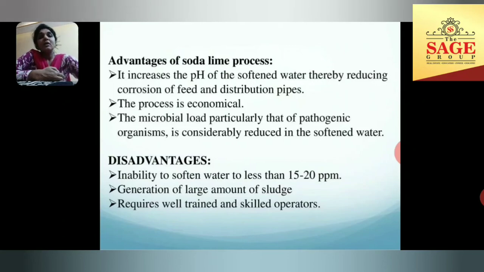Now the second disadvantage of this process is that it generates a large amount of sludge. What is sludge? The precipitates that are settling down. So a large amount of precipitate settles down, and it is problematic to dispose of this sludge. This process also requires trained supervisors.